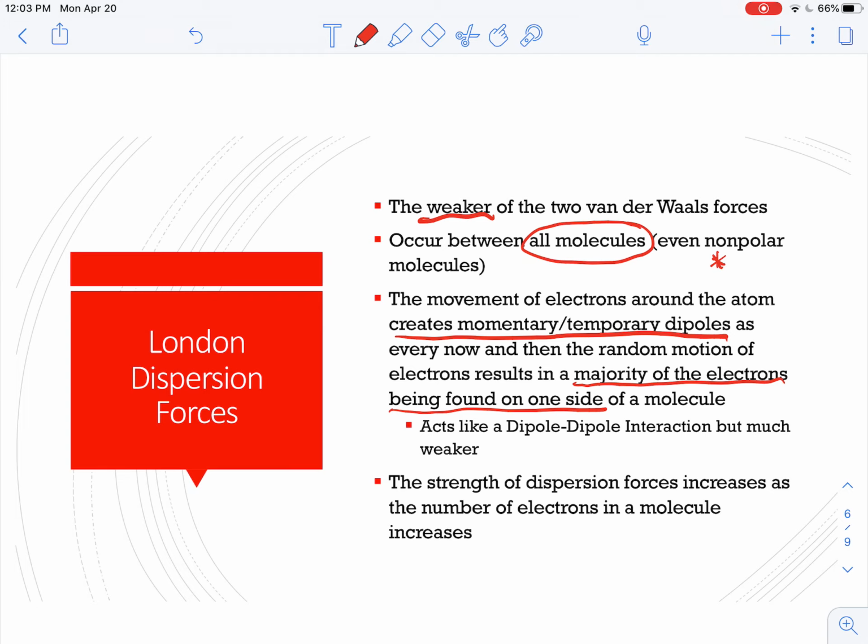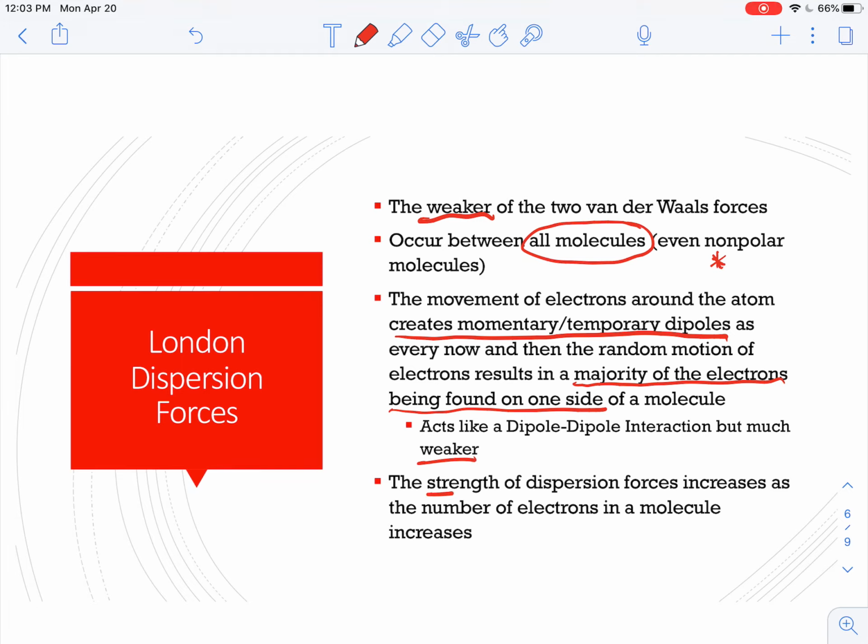That slightly negative partial charge on one side is going to be attracted to another molecule. So very similar to the dipole-dipole interaction, it's going to be a lot weaker though. We call this an induced, temporarily created dipole. It's going to happen just for a split second and then vanishes as our electrons move away. But we still have a little bit of a force of attraction even between these nonpolar molecules.